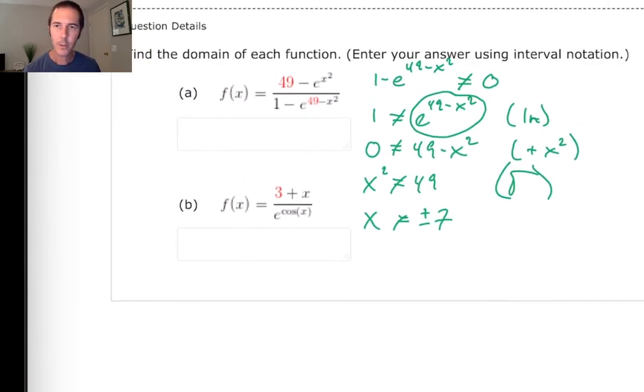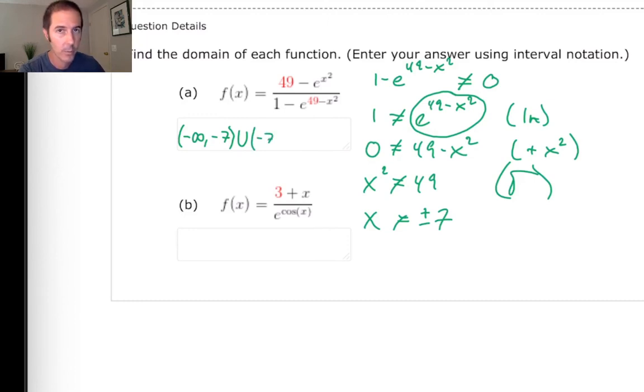So if we're leaving those out, how do we answer the domain question? We need all real numbers except for those two. So remember, when you answer a domain question, you want to be answering with the list of x values that you are allowed to use, which in this case, using interval notation, is all of the x values that go from negative infinity up to negative 7, united with the interval that starts at negative 7 but does not include negative 7.